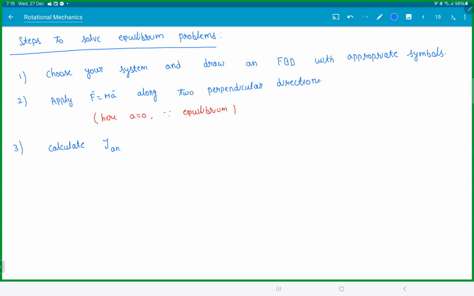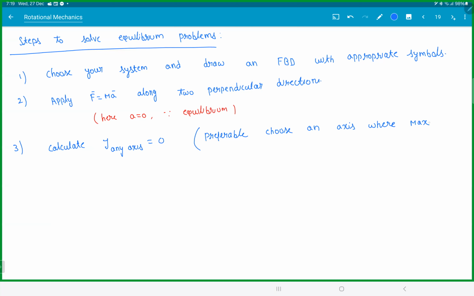Third, calculate torque about any axis and equate it to 0. Since you can take torque about any point, preferably choose an axis where maximum forces pass through, because if maximum forces pass through, the torques will become 0. Your symbols will be less, and mathematical equations will be a little easier to solve.